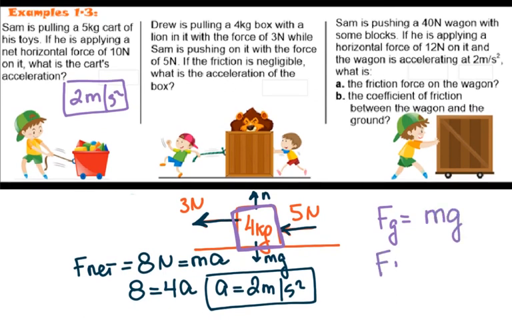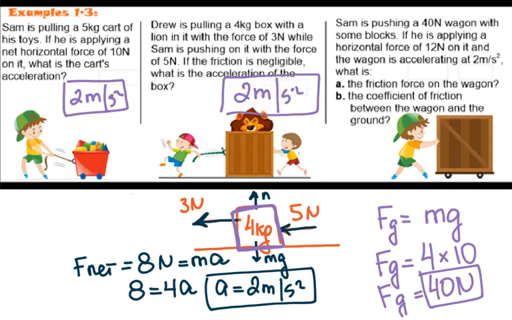The force of gravity in this case is equal to the mass, 4, times g, which is 10. So the force of gravity is equal to 40, and force is measured in newtons. So in the second question, I also got acceleration 2 meters per second squared.